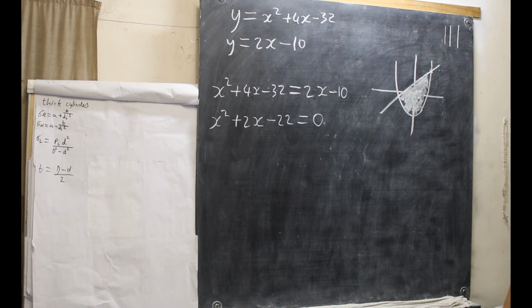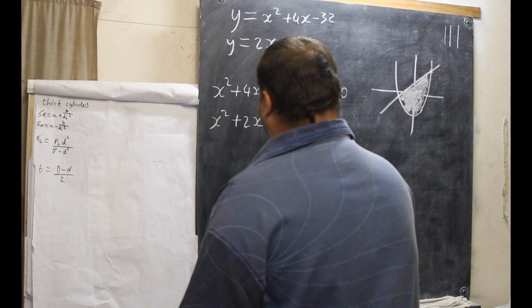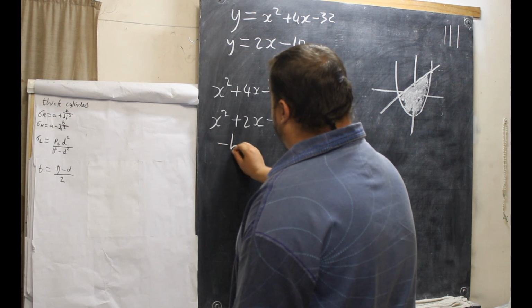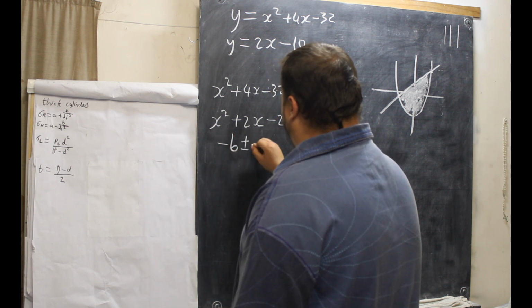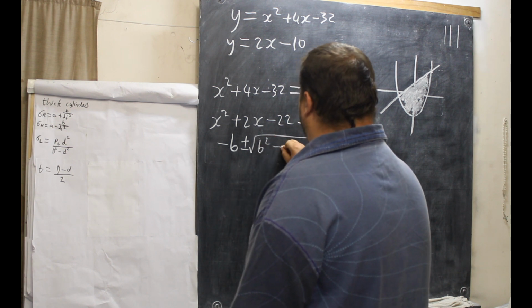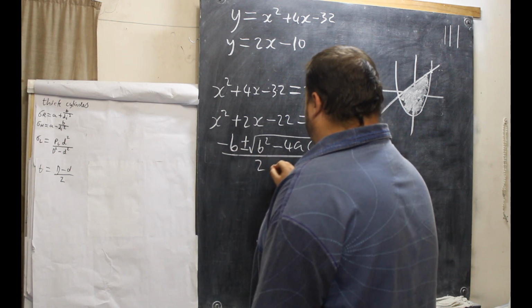Now for this particular case, we have to follow our rule of the quadratic formula, which is minus b plus or minus the root of b squared minus 4ac all over 2a.